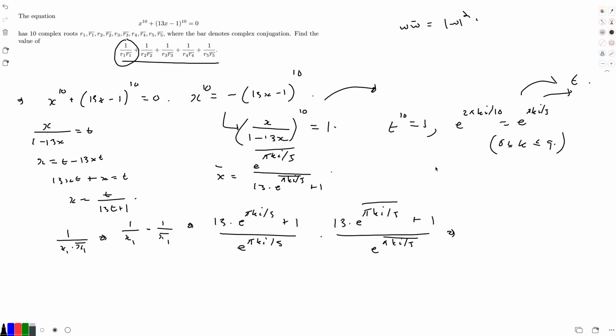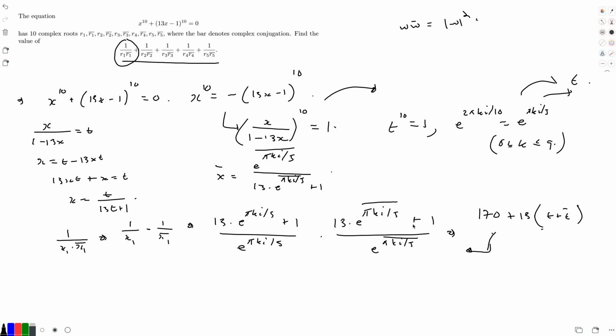And then how about this? 169 plus 1, which is 170, plus 13 times t plus t conjugate, right? Yeah. So it evaluates to this. Just make sure I did everything correct. Yep, that looks good.